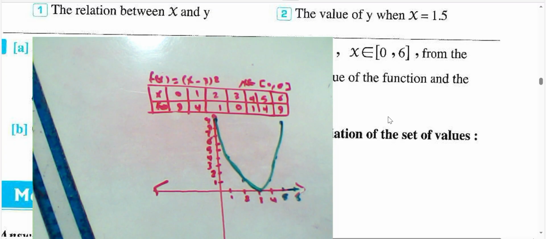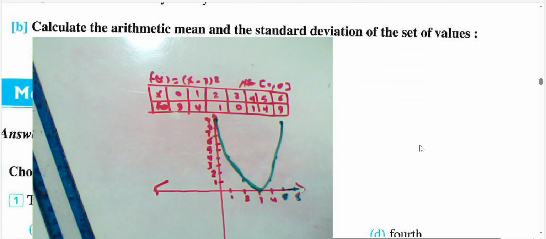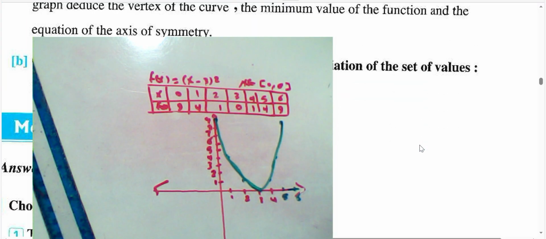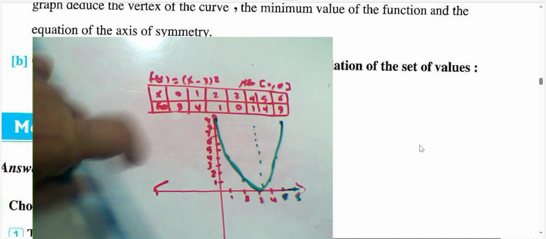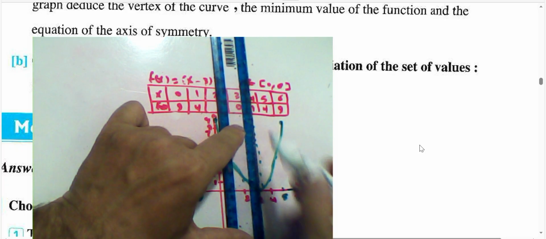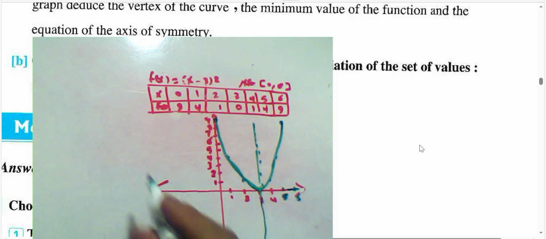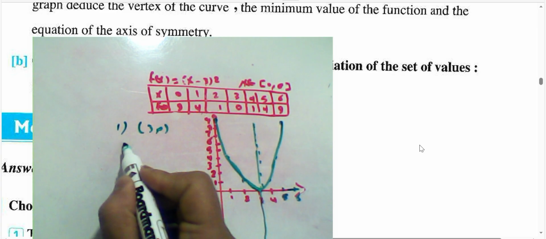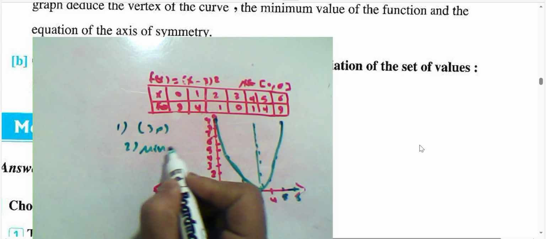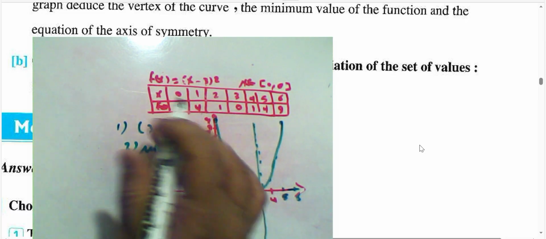Okay. Next, what does he want? He wants the equation of symmetry and the minimum value and the vertex. Okay, the vertex here will be (3, 0), and we have the axis of symmetry like this. The axis of symmetry is x equals 3. First, the vertex will be (3, 0), and second, the minimum is at 0.